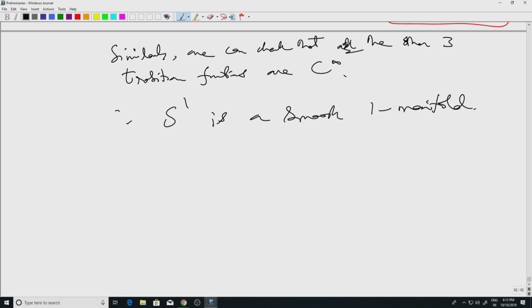But even for the case of S1, it is possible to use just 2 charts and just check one transition function. I will mention that it will work for all Sn. So in my next lecture I will return to the case of spheres and show you the construction of some nicer charts. All right, thank you.